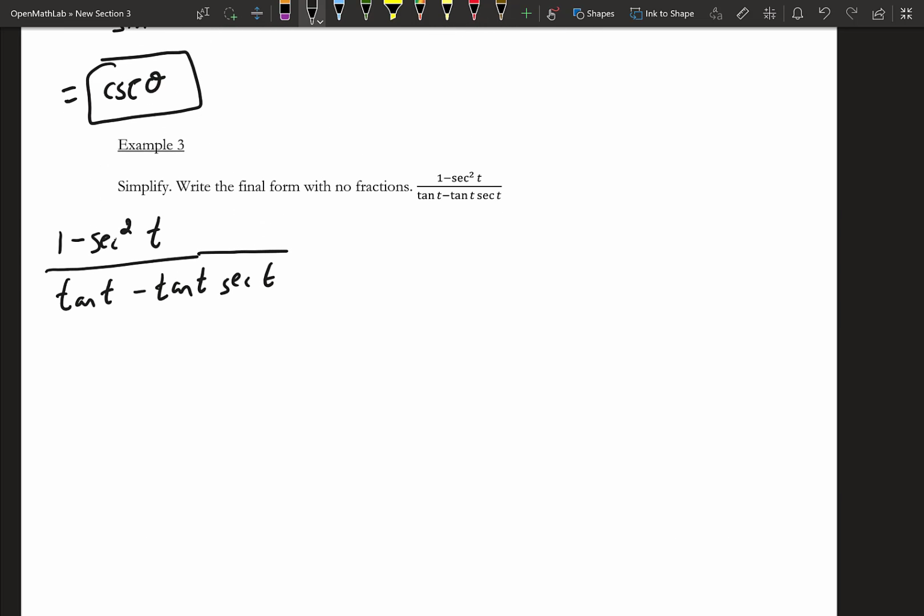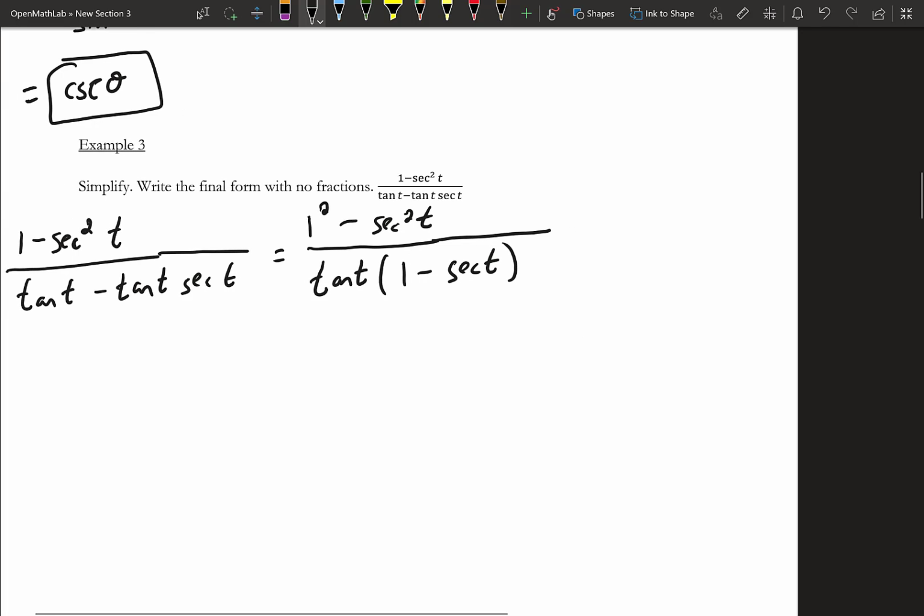The first thing that we could notice is that I could factor the numerator and denominator in this case. That will help me simplify this, because this is the same thing as 1 squared minus secant squared t, all over, and then I can factor out a tangent t in the denominator, so this would be 1 minus secant t.